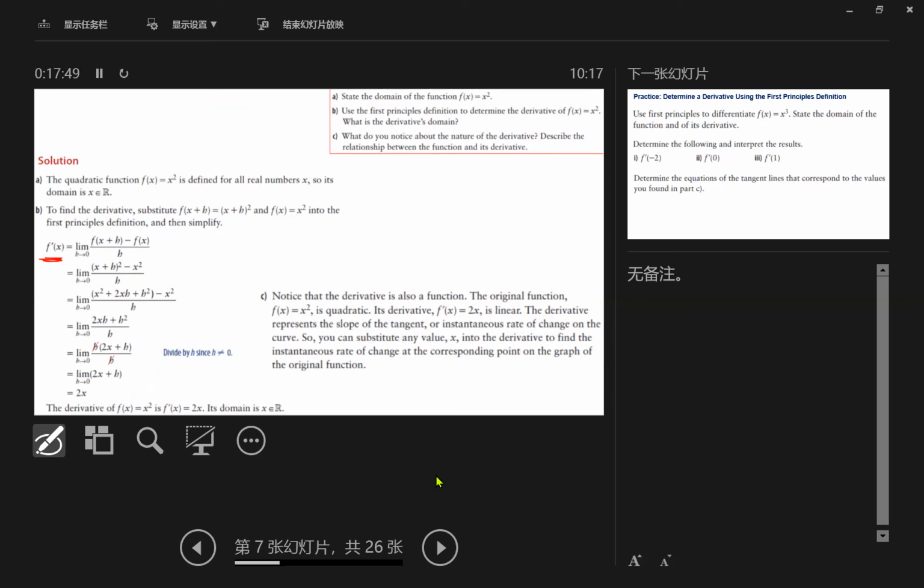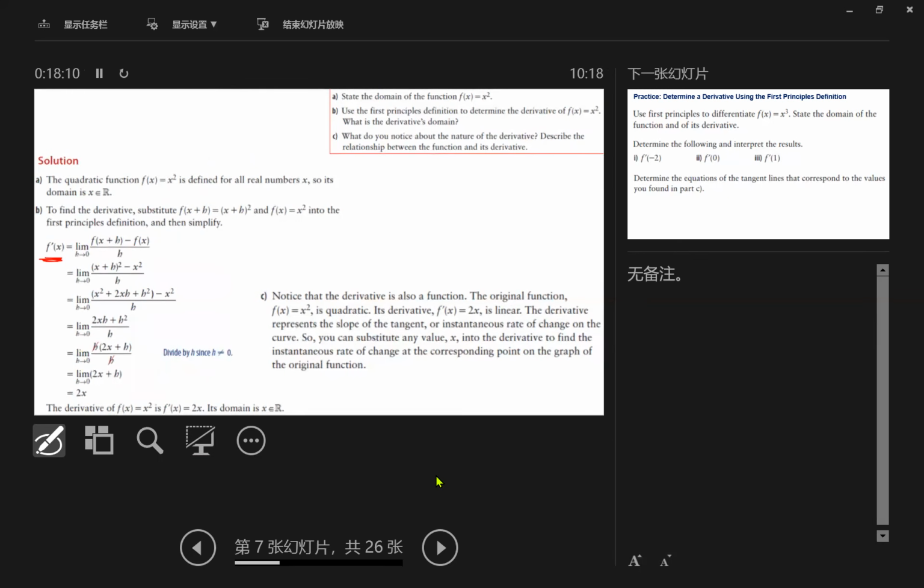Okay, question C. Notice that the derivative is also a function. The independent variable is x. The original function f(x) = x squared is quadratic. Its derivative f'(x) = 2x is linear.